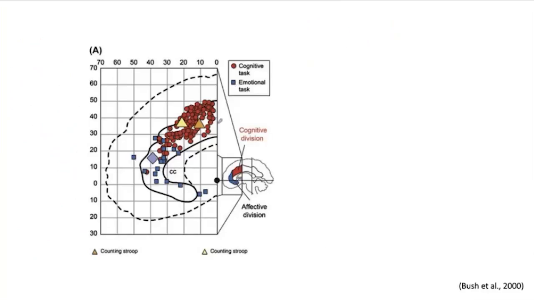One other aspect of engaging the prefrontal cortex is another, really interesting part of the prefrontal cortex that we discussed before, the anterior cingulate cortex, or ACC.